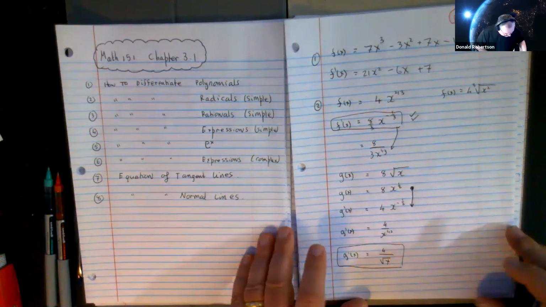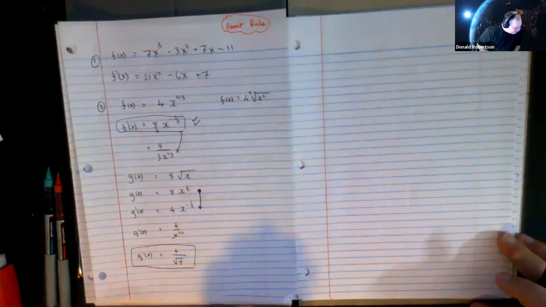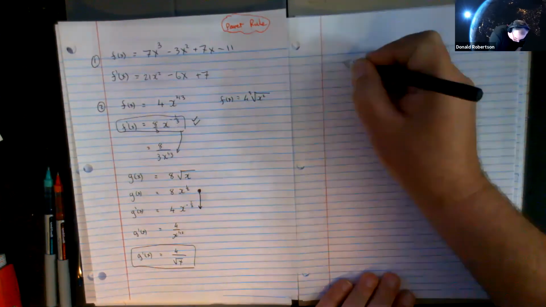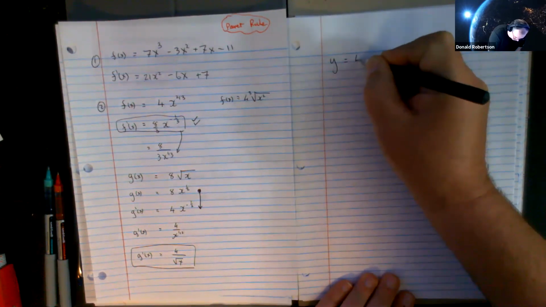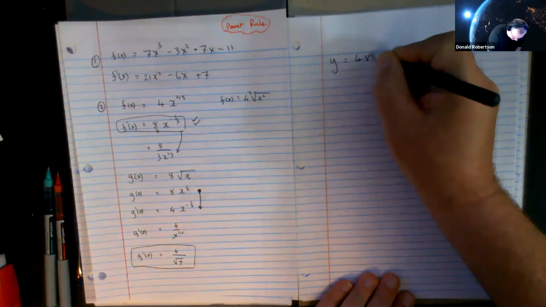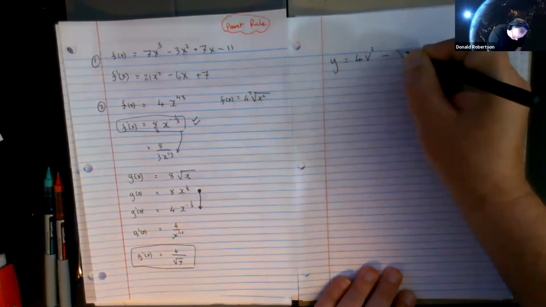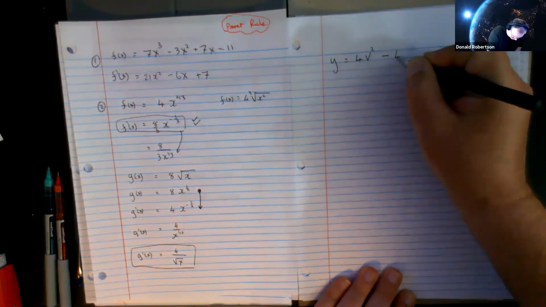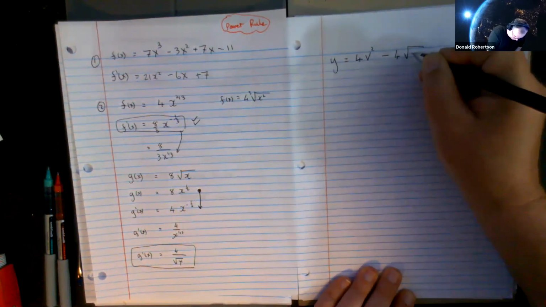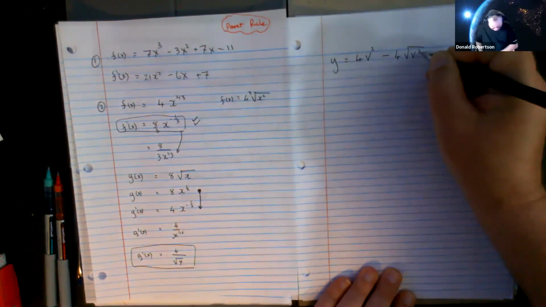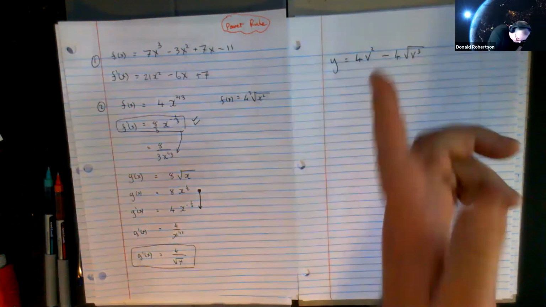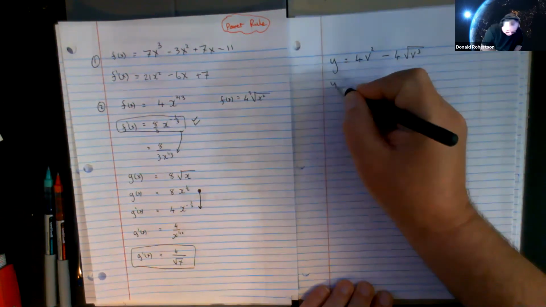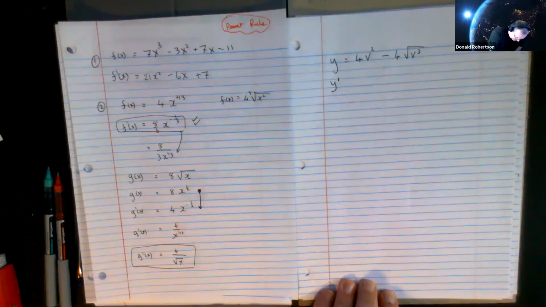Right. Let's do another one of these guys. How about... Now in this case, the variable is v, and the notation I'm going to use is y dashed to represent the derivative.